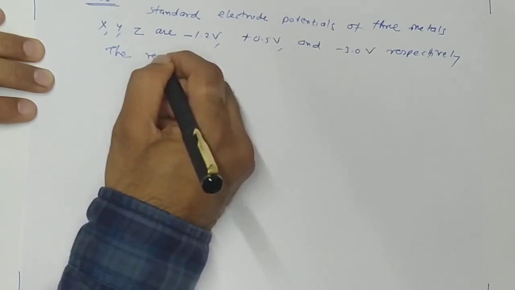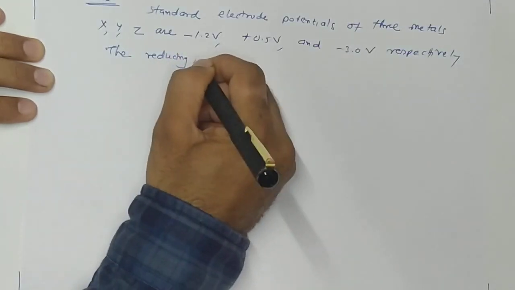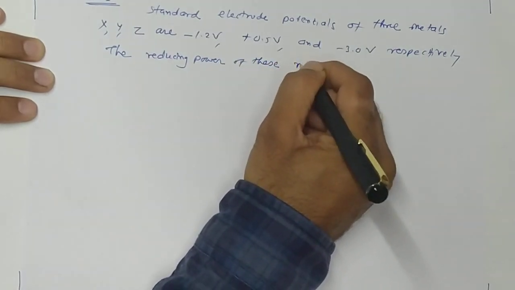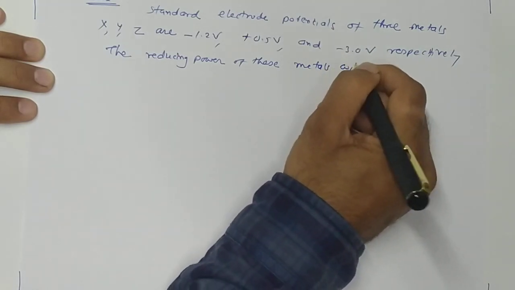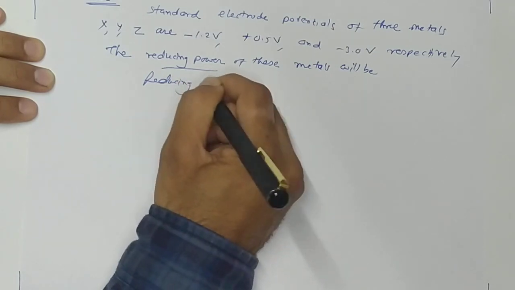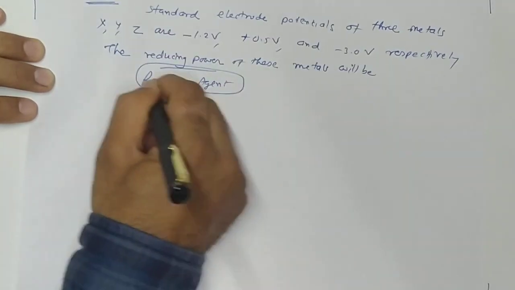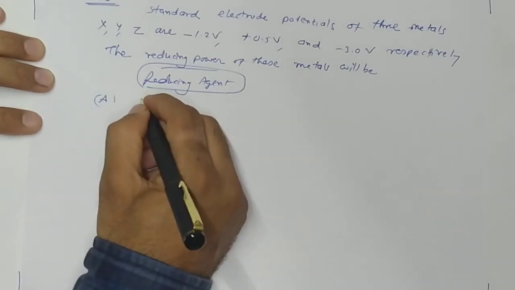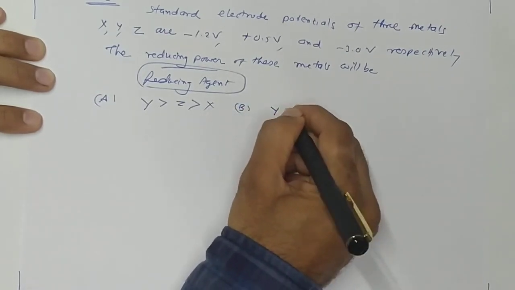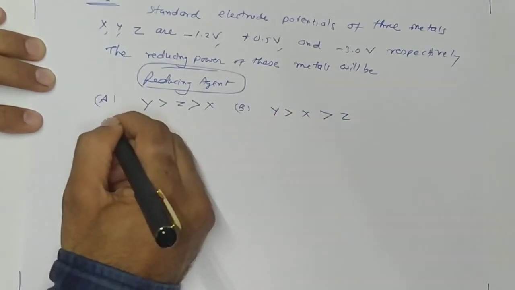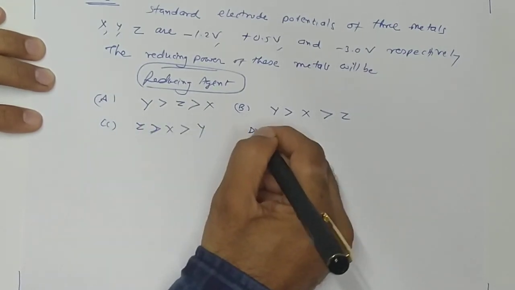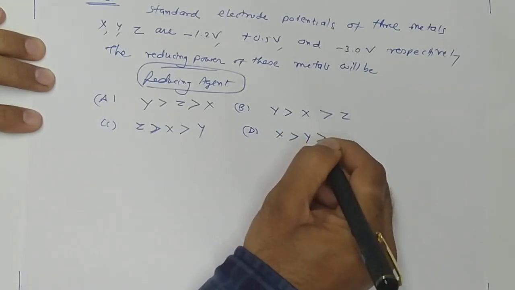The reducing power of these metals will be. Reducing power means reducing agent capacity. Options: A, Y, Z, X; B, Y, X and Z; C, Z, X and Y; and D, X, Y and Z.